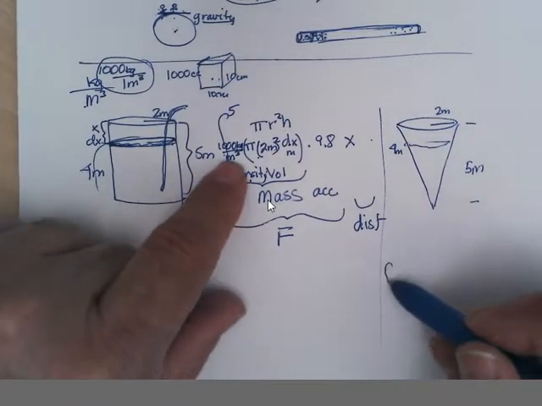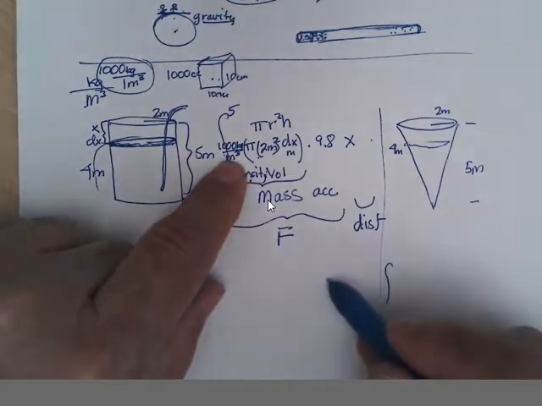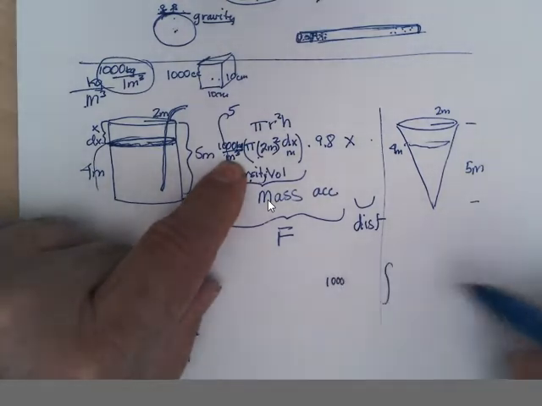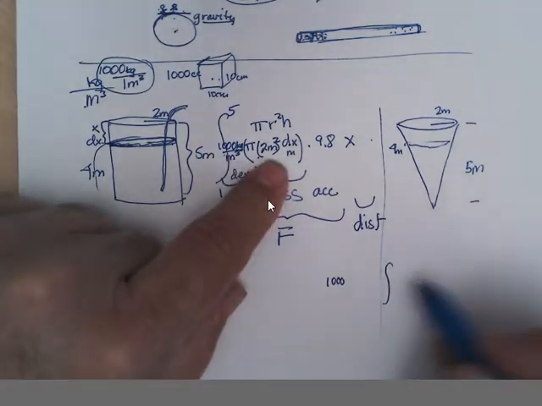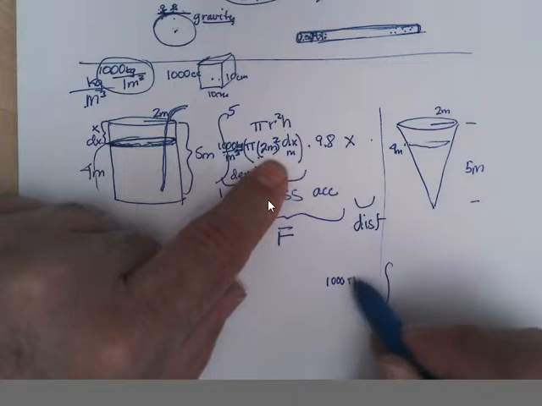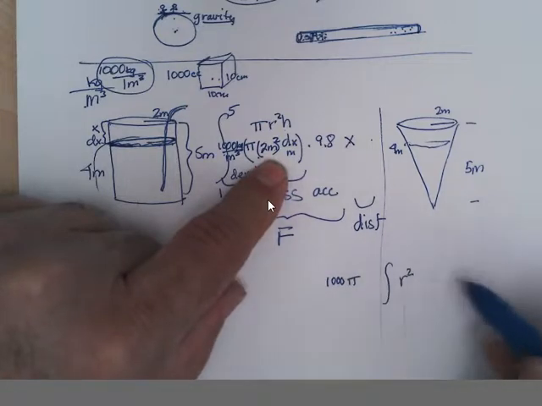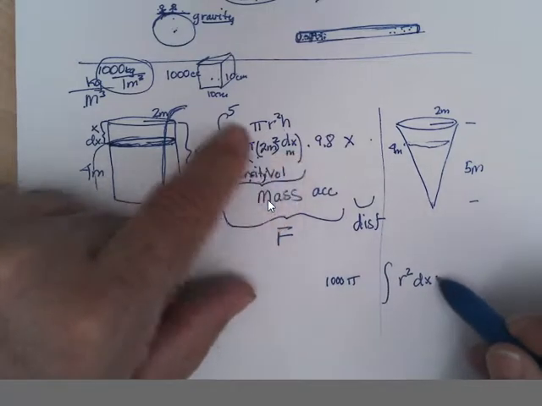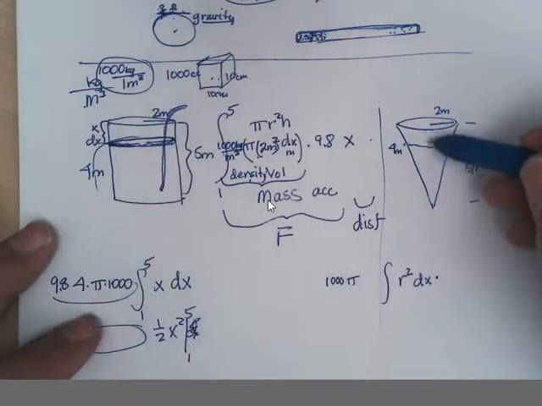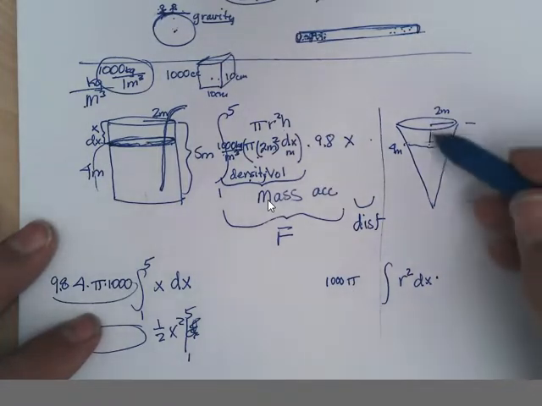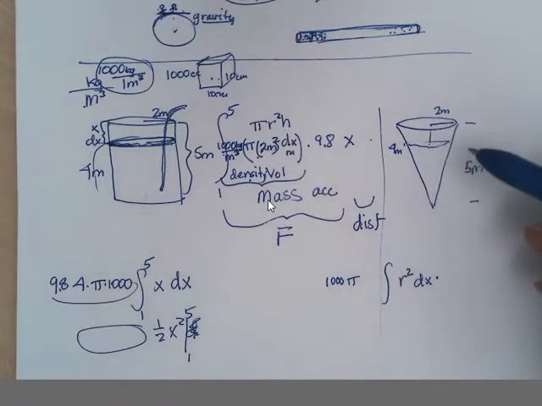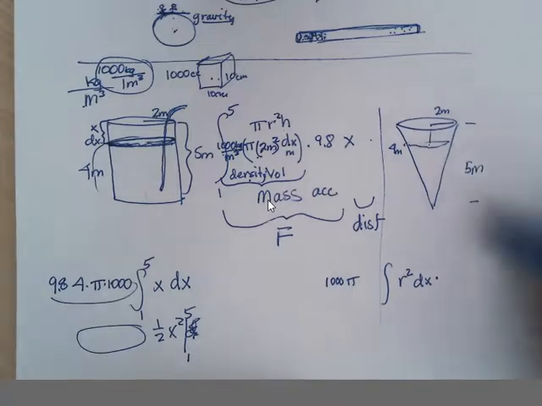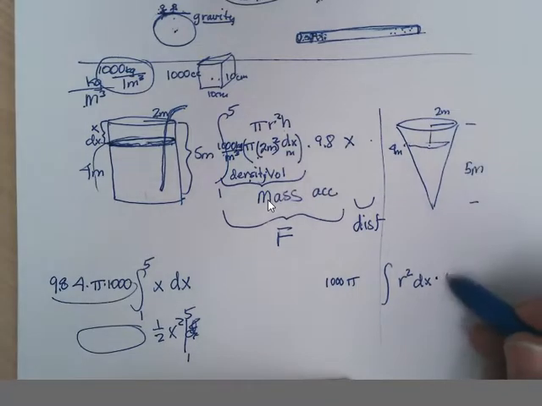And so it's going to be density of water, I'll put that outside, 1,000, times the volume, which is going to be pi r squared, times the thickness of the slice, times how high I have to lift it, and that's again going to be x, and as this water goes down, x gets bigger, so it's going to be times x.